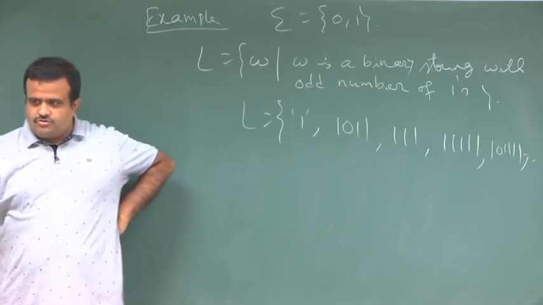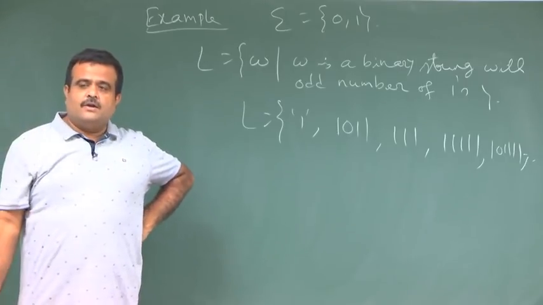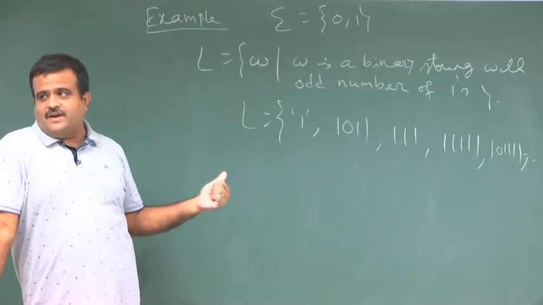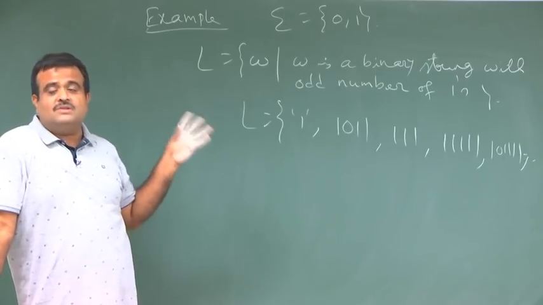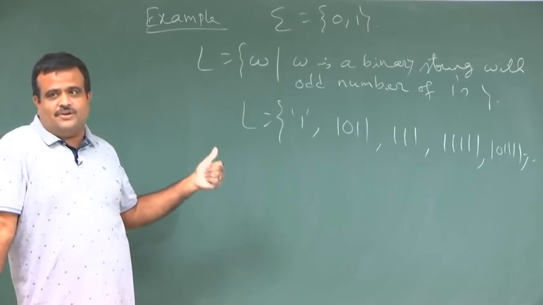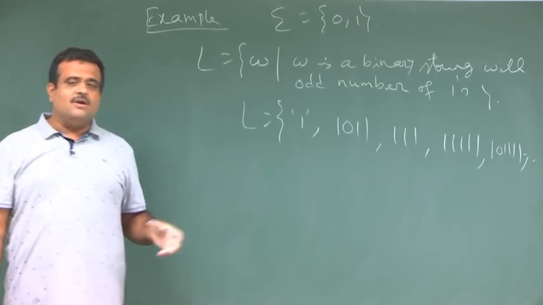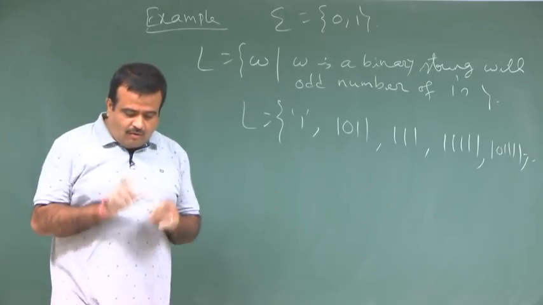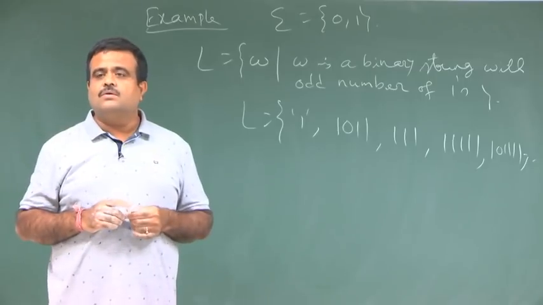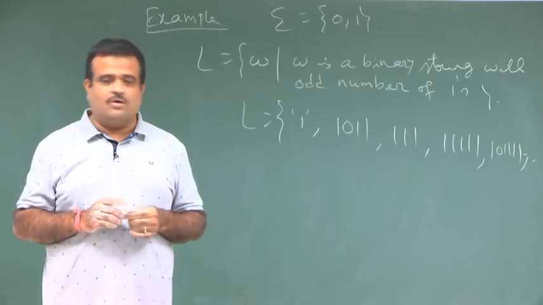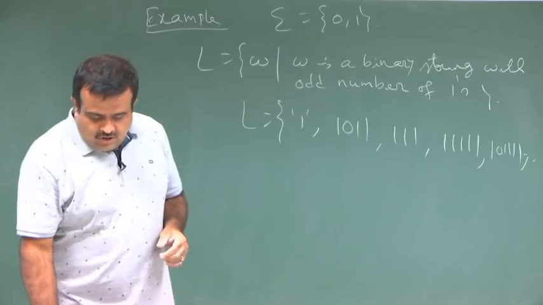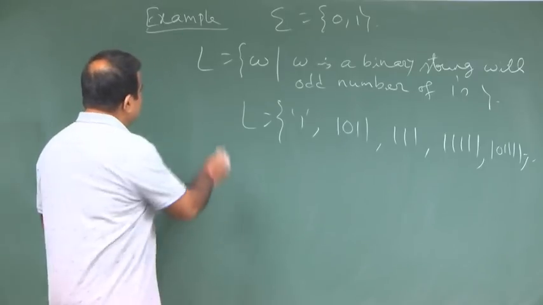So, for that what do we need to do? To be regular, we need to have a DFA whose language is the same as this language. So, we need a DFA which is accepting all the strings where the number of ones is odd. So the question is, is this regular?